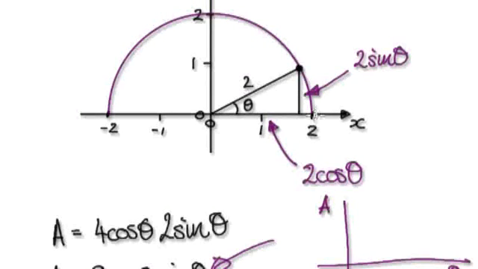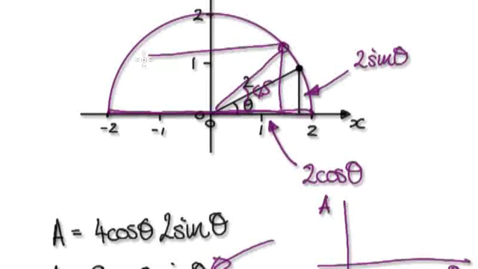So now have a quick glance to see what's going on. When theta is really small, you can see that the area is going to be really small. When theta is, let's say, pi over 4 at 45 degrees, the area you can see is bigger than this area here when theta is small.